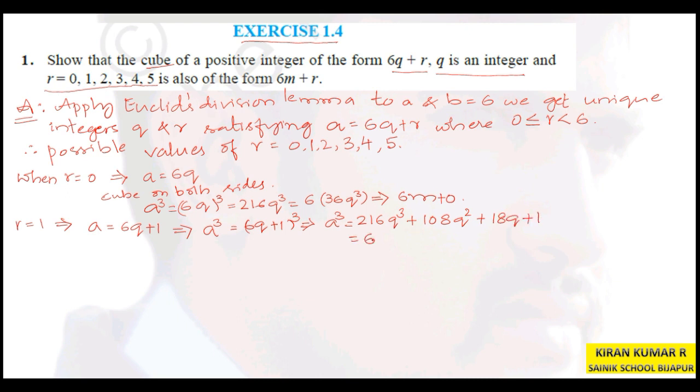In the first 3 terms, I can take 6 common. I'll be getting 6 times of 36 q cube plus 18 q square plus 3 q added to 1. This implies this a cube is in the form of 6m plus 1.